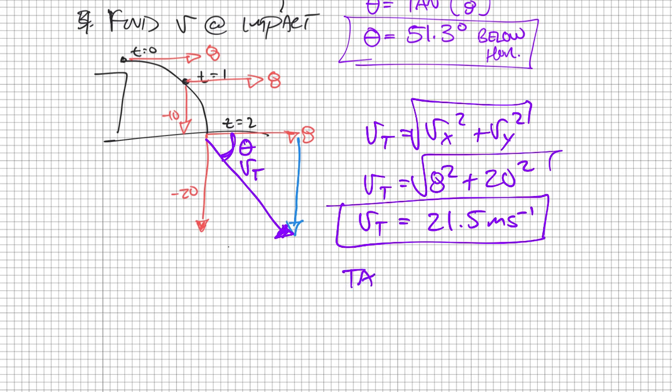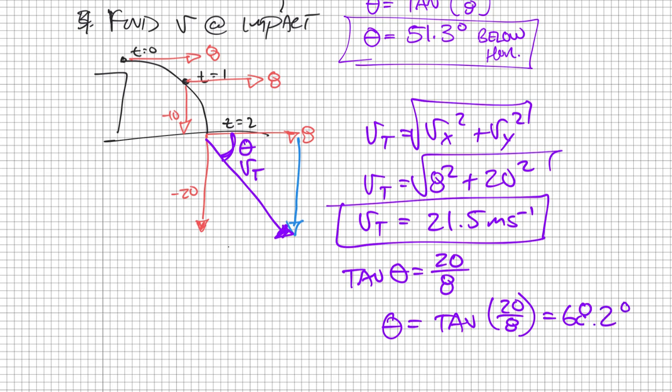So we're going to do tangent of theta now is equal to 20 over 8. We're going to divide by tangent on each side. And that's going to give us inverse tangent of 20 divided by 8. And we'll get a theta of now 68.2 degrees.